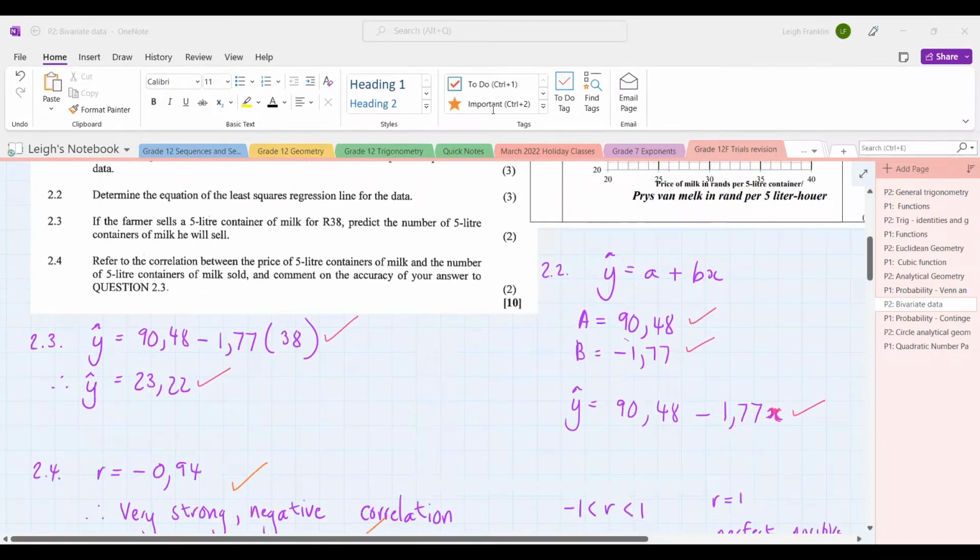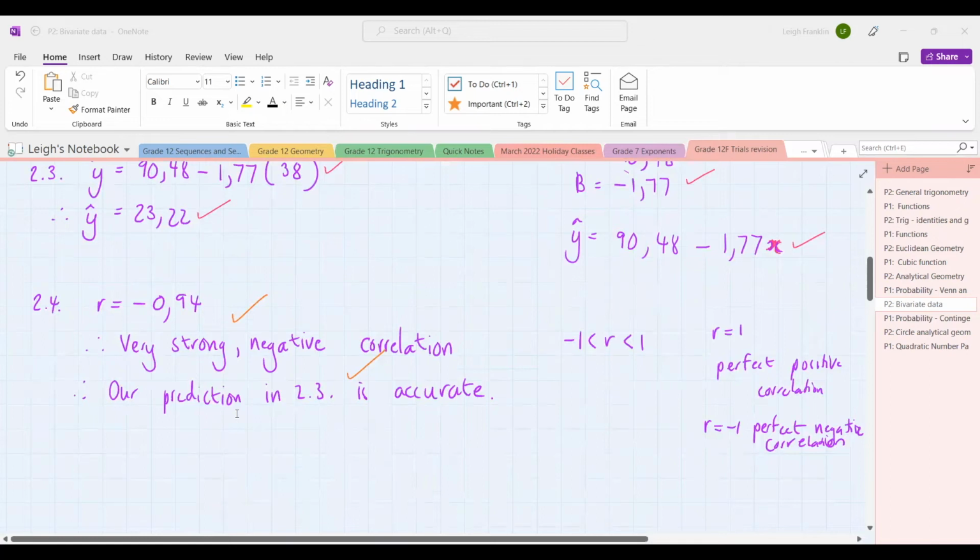Okay, so that's 2.3. And then in 2.4, they were asking us to refer to the correlation coefficient and comment on the accuracy of our answer in 2.3. So they want us to provide the correlation coefficient and comment on it. Because it is negative 0.94, it's very close to being a perfect negative correlation. A perfect negative correlation has a correlation coefficient of -1. A perfect positive correlation has a correlation coefficient of 1.